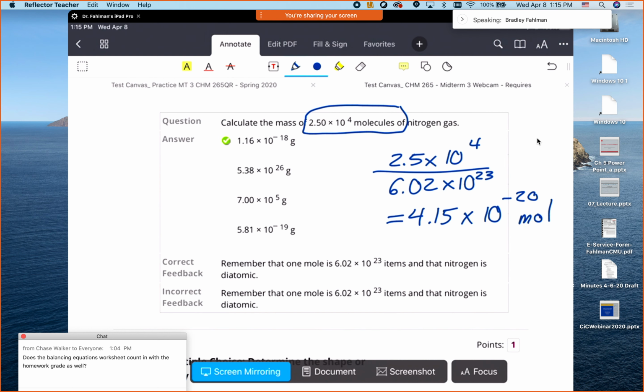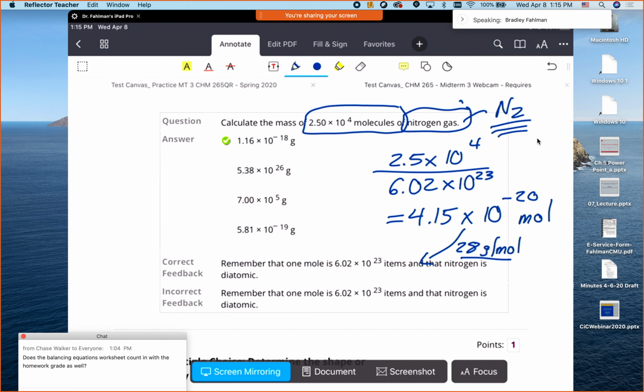Okay, and then we want to know the mass. And so here, I think what tripped up maybe a few of you is nitrogen gas is diatomic, right? So we have to multiply it by 28 grams per mole instead of 14.